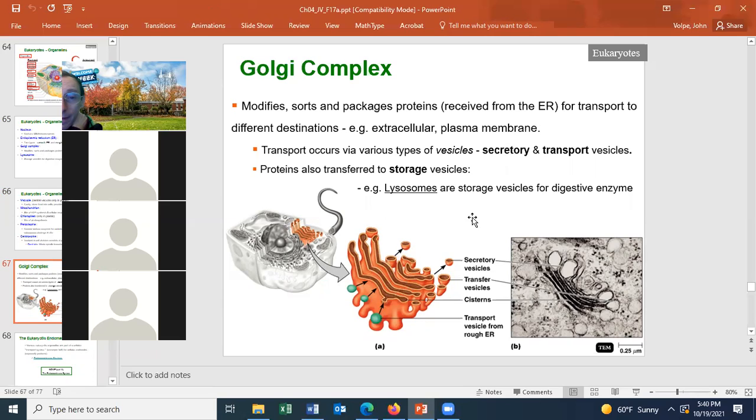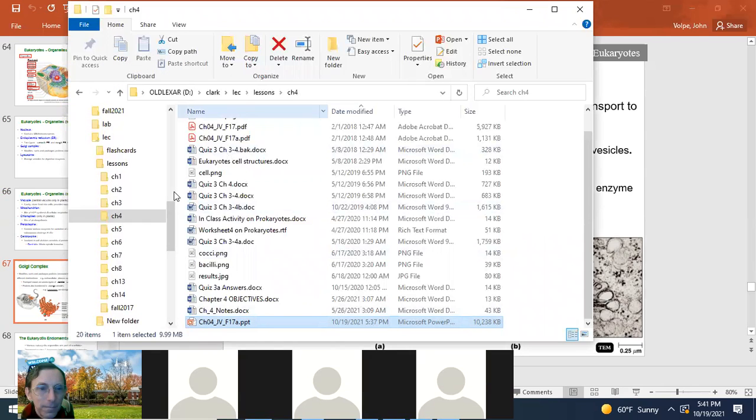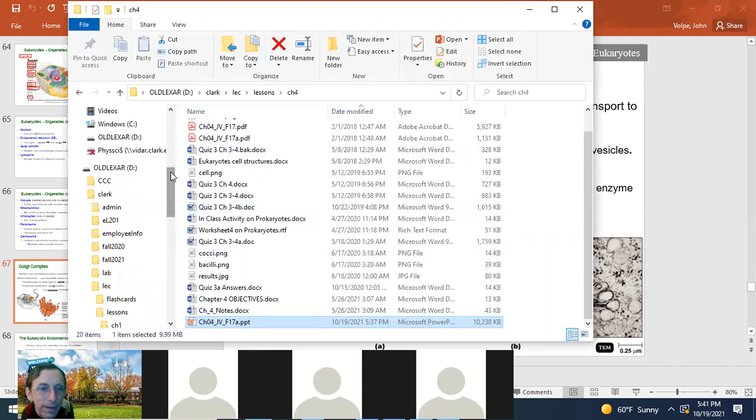Or if the cell is going to secrete the contents, it will form a secretory vesicle, and then that vesicle will merge with the cell membrane and open up, releasing the contents to the outside of the cell. Let me try and draw that.